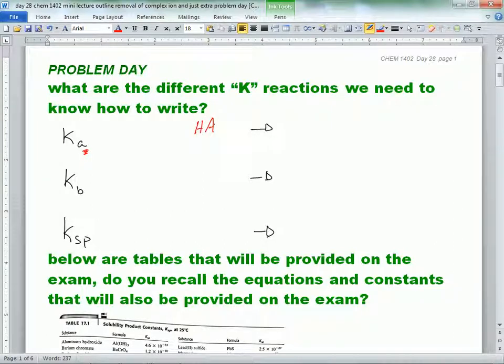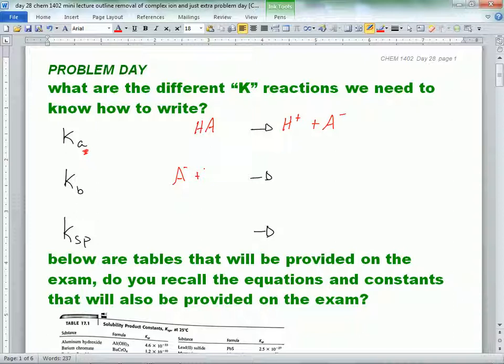HA. Yeah. And then James, the Kb reaction, that would go, has to be the base. The conjugate base we said was A minus. This is going to kill you if you don't know these.